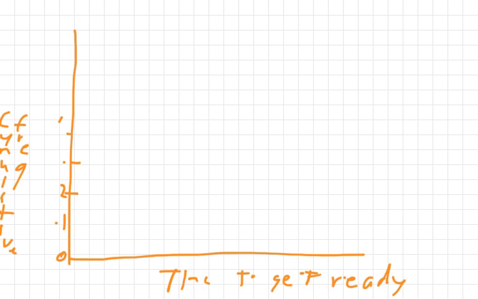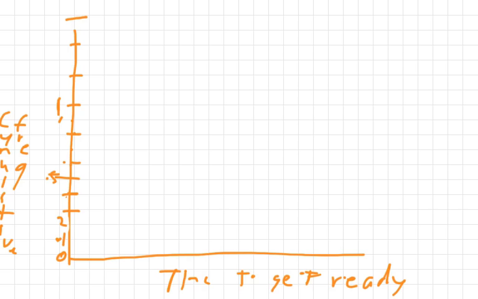Nope. So 0.1, 0.2, 0.3, 0.4, 0.5, 0.6, 0.7, 0.8, 0.9, and this will be 1 right there.